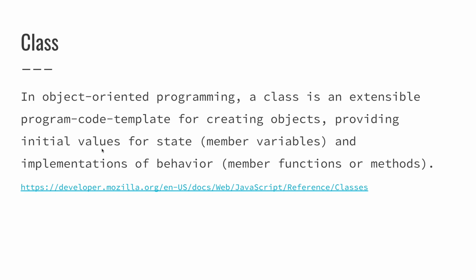Do you remember I passed 10? I did new Array 10. That's the initial value. And then I create a new array, which has properties, like length, right? That's a property of an array. And then it has some methods, which could be concat, split, splice, or whatever. Okay.